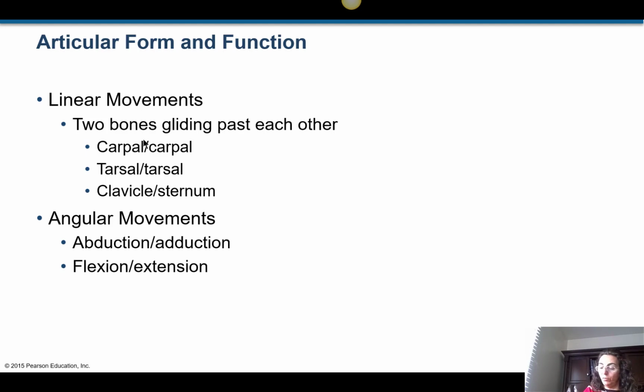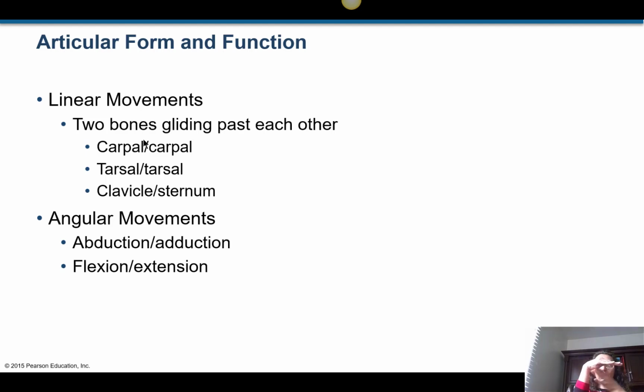For example, I will show you that in the anatomical position, you remember the hand is next to the side of the body in the frontal plane, right? But if you move it in this direction, in the sagittal plane, and you decrease the angle between the hand and the forearm, right?